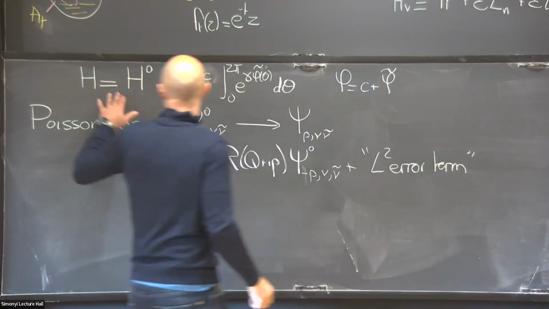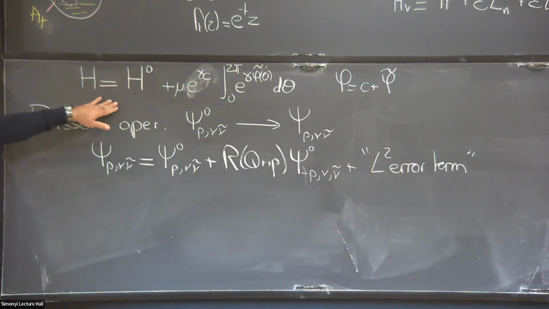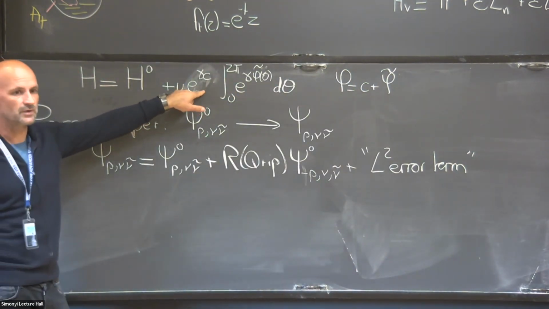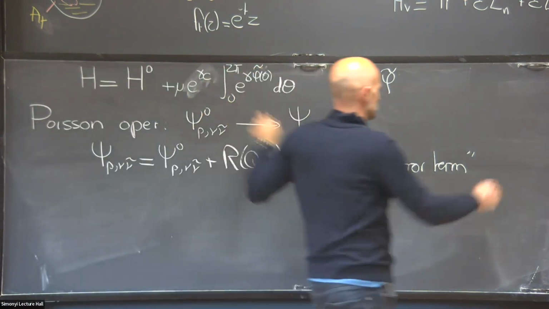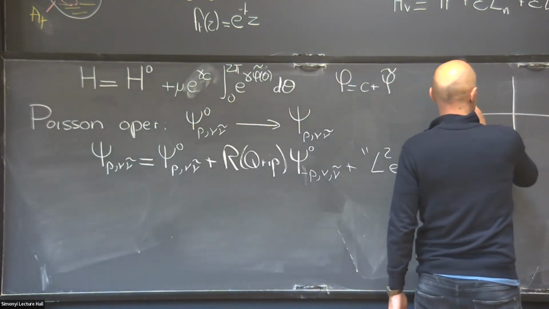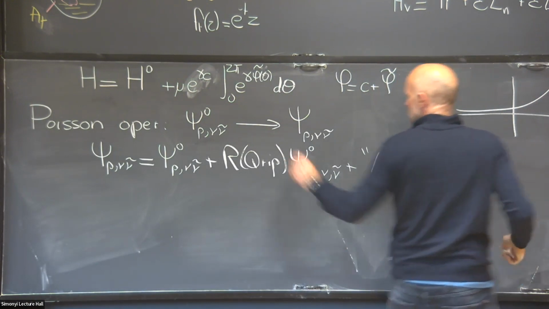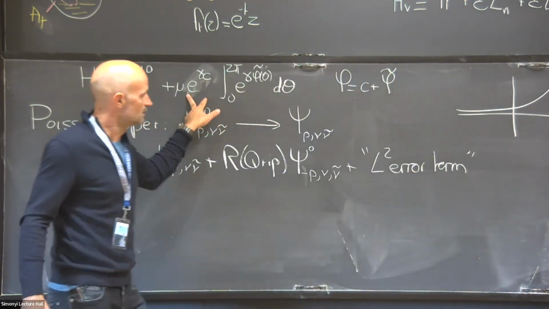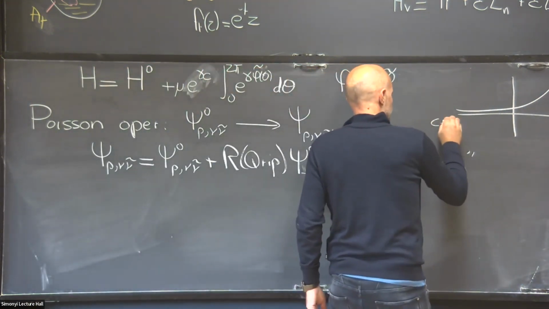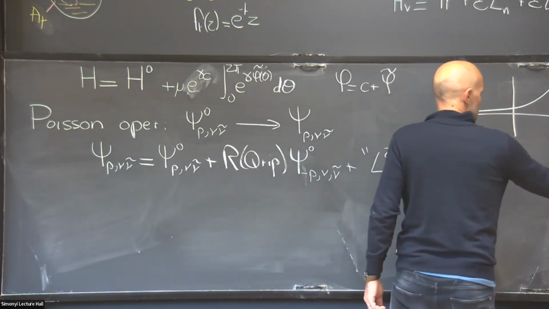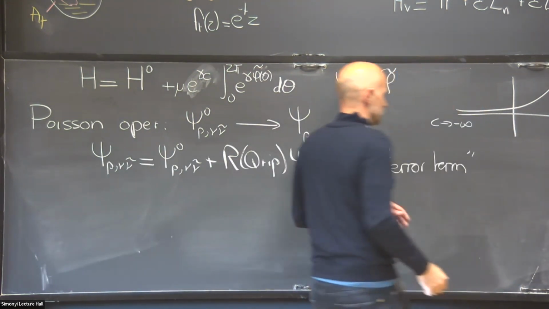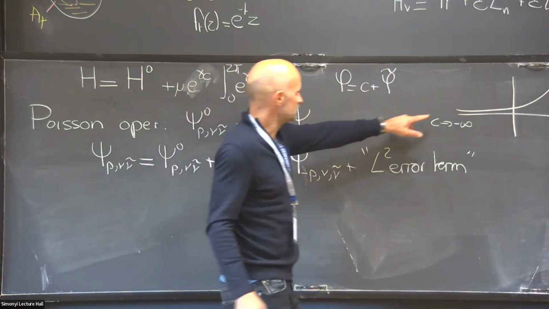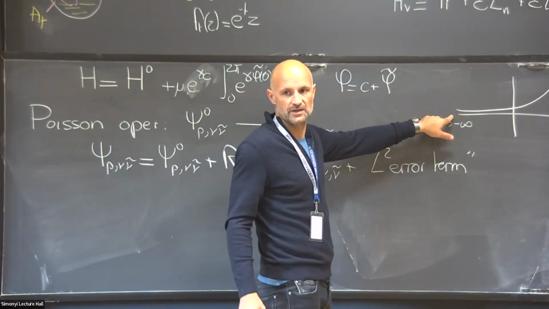So you want to diagonalize this Hamiltonian, and you see that you have here an exponential weight. If you plot a picture of just this exponential weight here for c minus, there are two important features. First, you see that it vanishes when c goes to minus infinity.